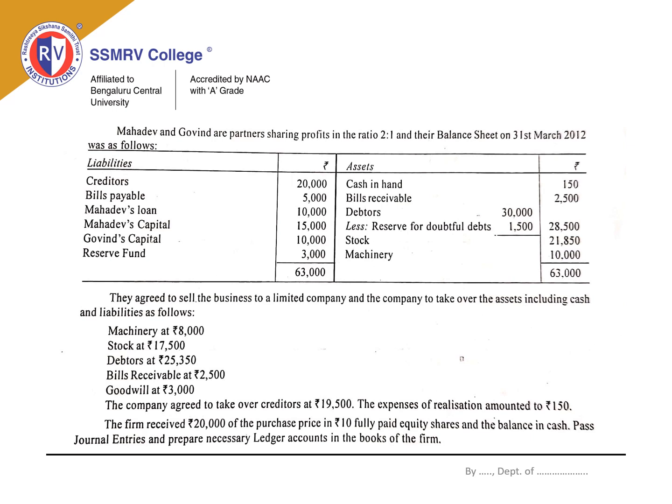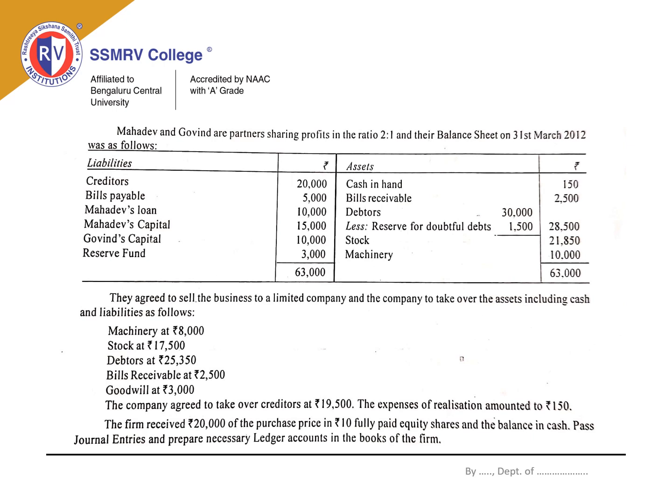So the purchase consideration is to be calculated first of all, and only then it can be discharged. So the first step is the calculation of purchase consideration. To calculate purchase consideration, I will have to consider the agreed values of the assets and liabilities taken over by the company. So what is agreed value?